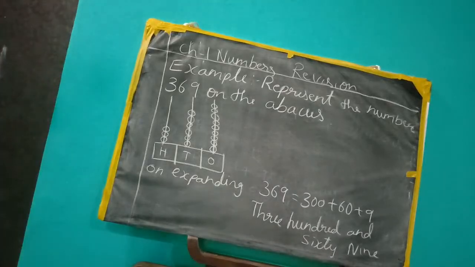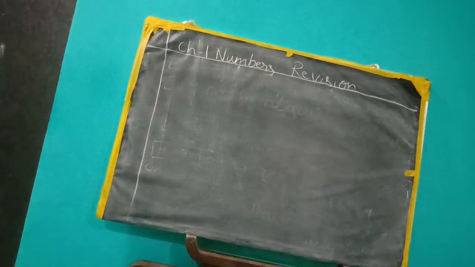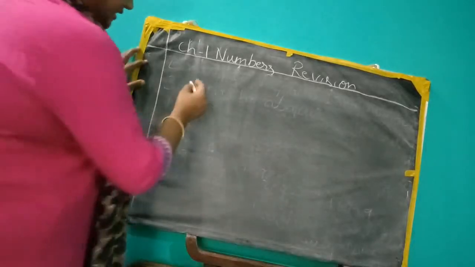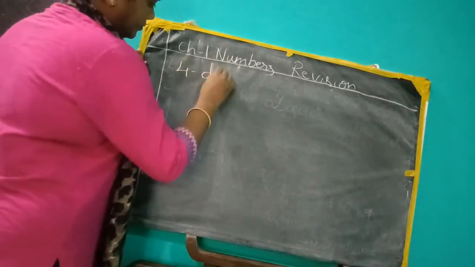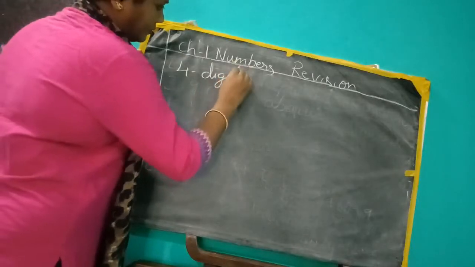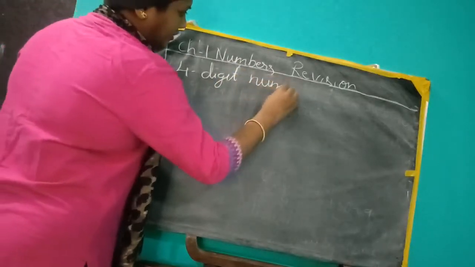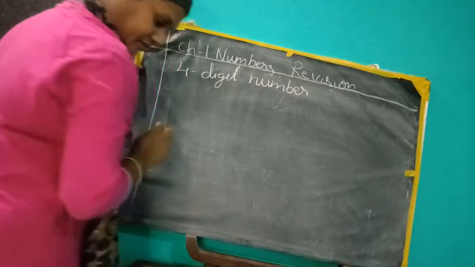Next, 4 digits. Listen carefully, children. The 4 digit numbers.